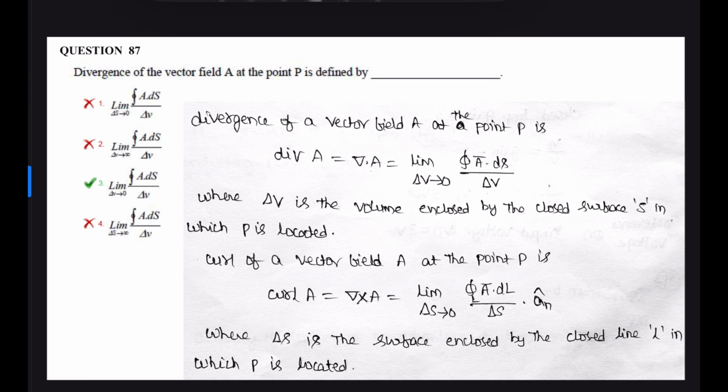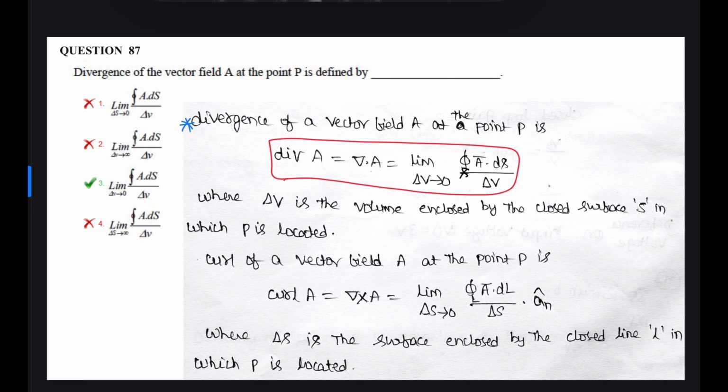Question number 87. The divergence of vector field A at point P is defined as? The divergence of vector field A at point P is given as divergence of A is equal to del dot A is limit delta V tends to 0 closed surface integral of A bar dot ds bar by delta V. This is divergence.